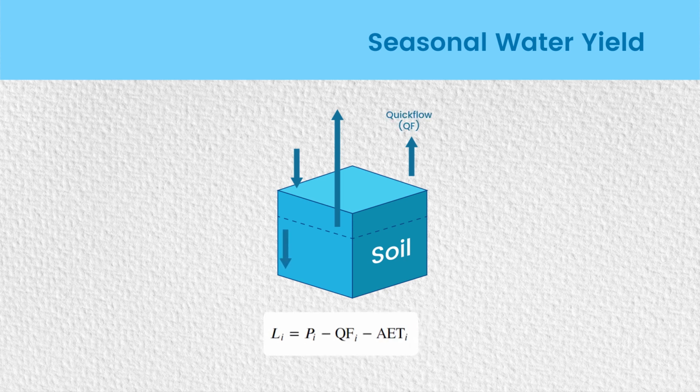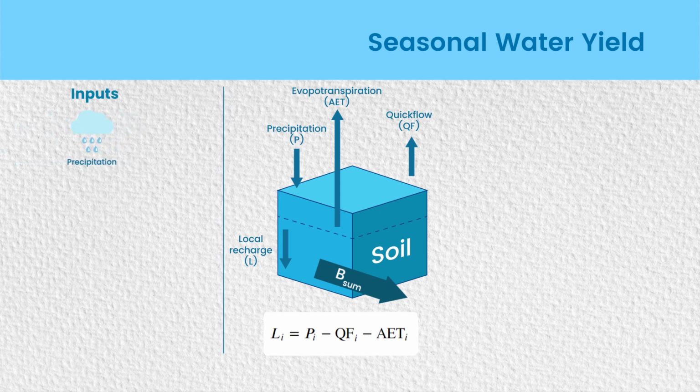Then, using quick flow, precipitation, and actual evapotranspiration, it calculates local recharge or potential contribution to base flow from a water balance. With this last variable, the model estimates base flow as the average of contributing, positive or negative, local recharge in the basin. The seasonal water yield presents three parameters to represent this process.